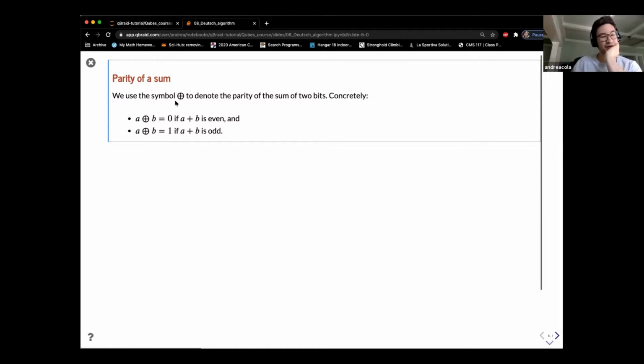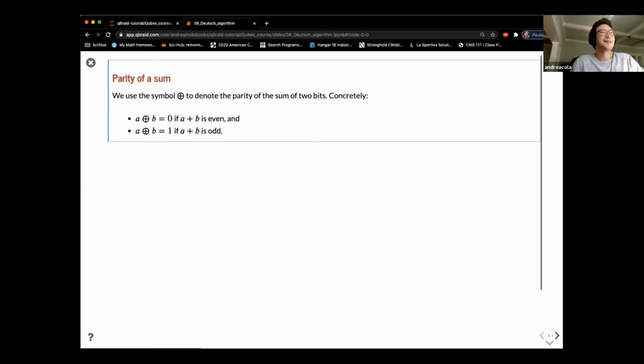Let me answer a question first. I don't get why we have to do the query step. So yeah, the problem is the following. You're given black box access to f, and the problem is, how many queries does it take you to determine with certainty whether f is constant or balanced? You only have access to f as a black box. That's the statement of the problem.